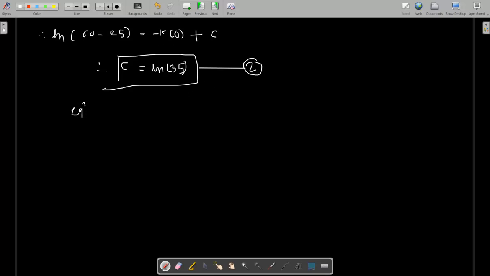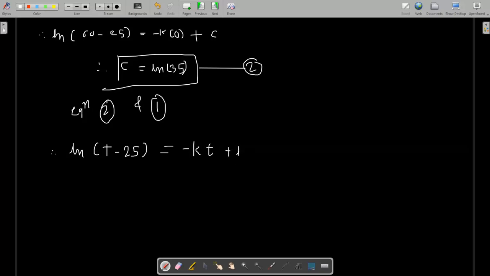From equations 2 and 1 we have ln of T minus T infinity, where T infinity is the surrounding or air temperature, 25 degrees Celsius and constant, is equal to minus kt plus ln 35.